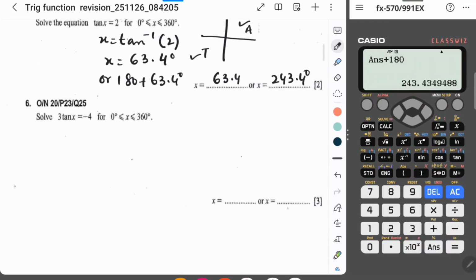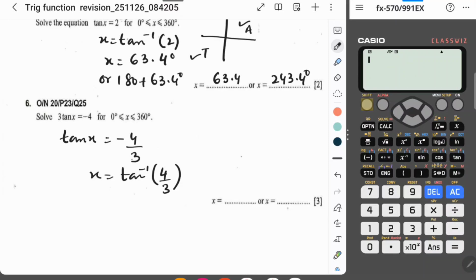Next question is 3 tan x equals minus 4. So tan x equals minus 4 over 3. x equals tan inverse 4 over 3. We just check to get the reference angle. So that is 4 upon 3, and it's equal to 53.1 degrees.